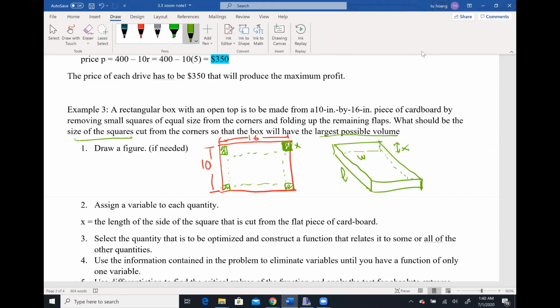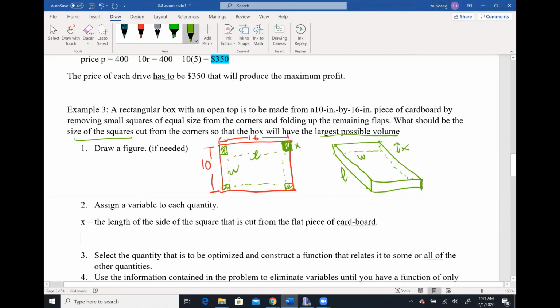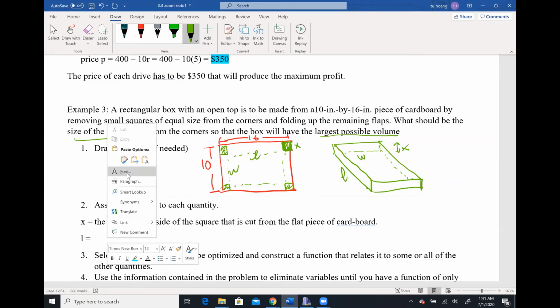How can you find the width and length? I need to assign the variables here. Here is L, and here is the width.